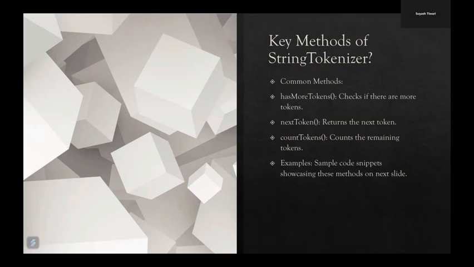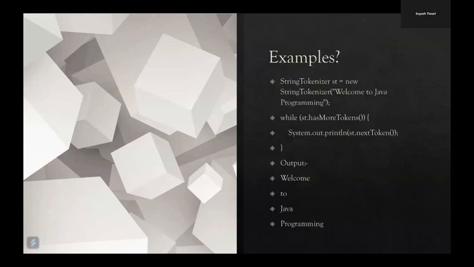Then there is nextToken, which returns the next token about to be split, and countTokens, which gives the number of tokens remaining to be split. These three are the most common methods of string tokenizer used by programmers for splitting strings.